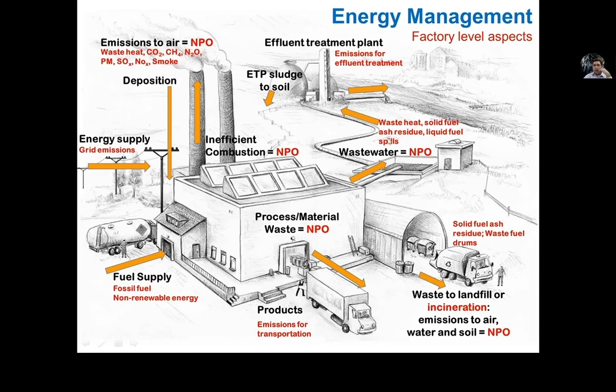Then we have wastewater coming from the factory, where if the waste heat is not recovered, it would be hot wastewater going out. And when it reaches the effluent treatment plant, if it is, for example, a biological effluent treatment plant, this needs 40 degrees or less temperature. And if the temperature is higher in the ETPs, then they have to operate cooling towers as well.